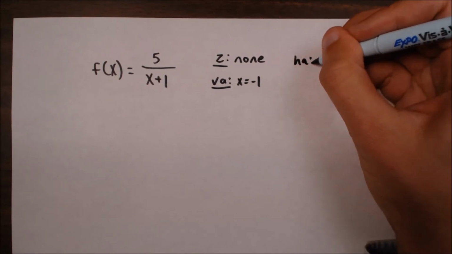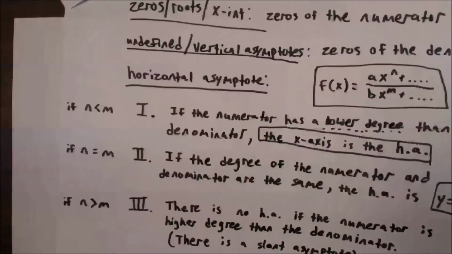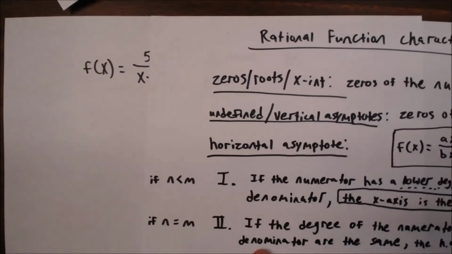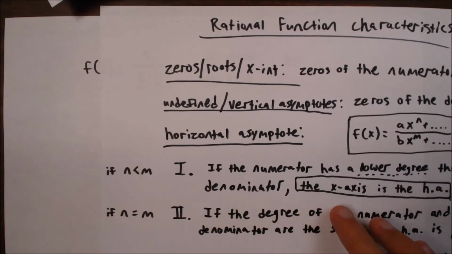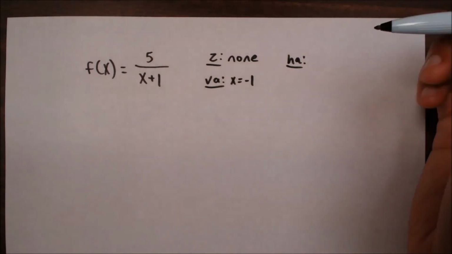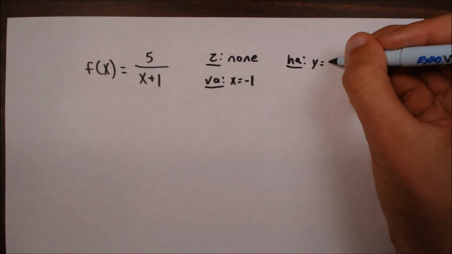And the horizontal asymptote, going back to our rules, in this case, the degree is larger on the bottom. The bottom has a larger degree, so we're in this first case. That means the x-axis is the horizontal asymptote. Okay, so since it's the x-axis, it's just going to be y equals 0.